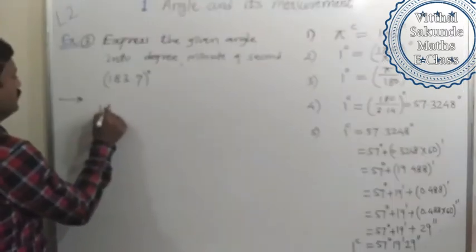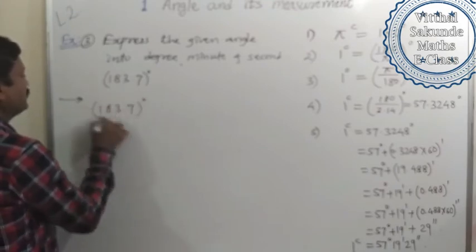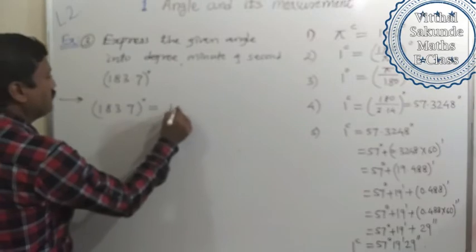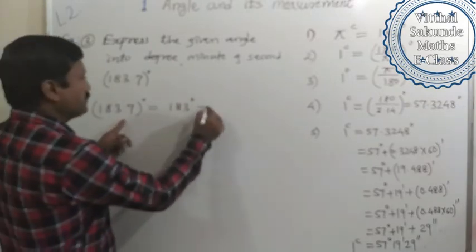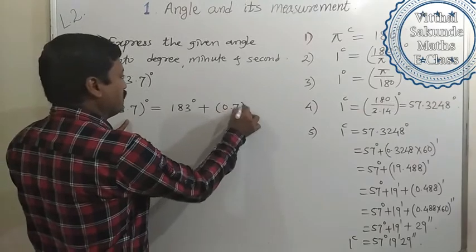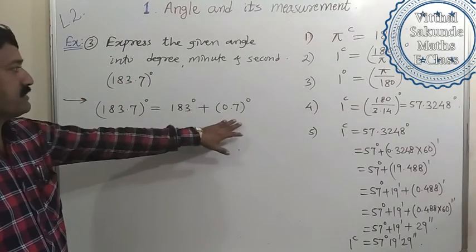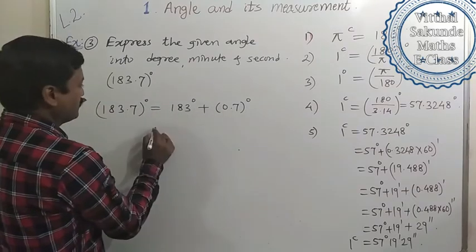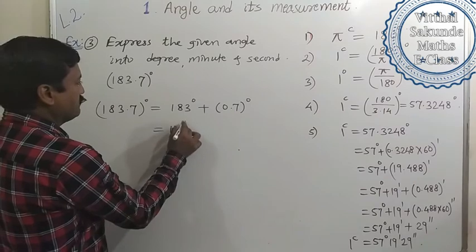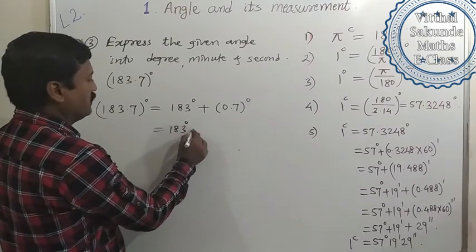Let's write this 183.7 degrees as 183 degree plus 0.7 degree. Separate these two numbers. So we are separating these two numbers. Now again, this 183 degree as it is, plus.